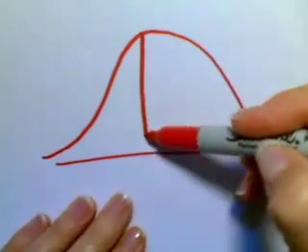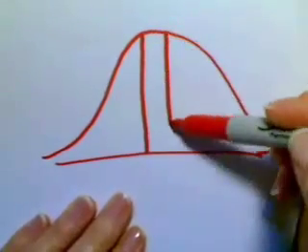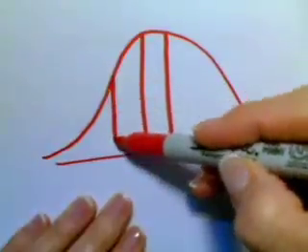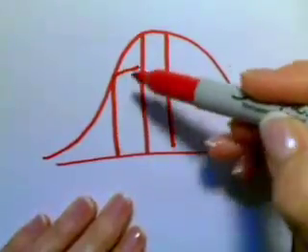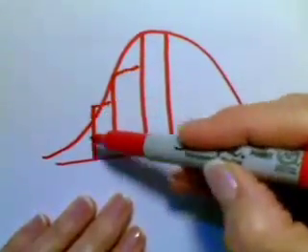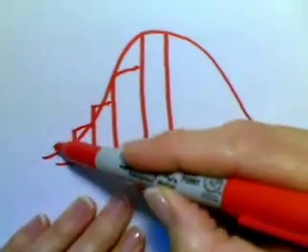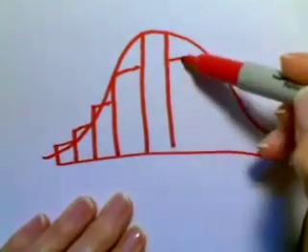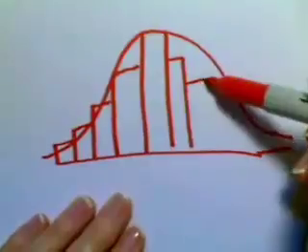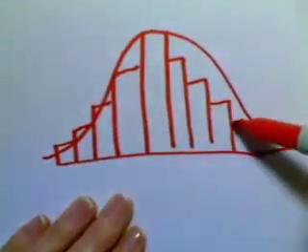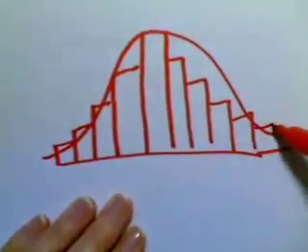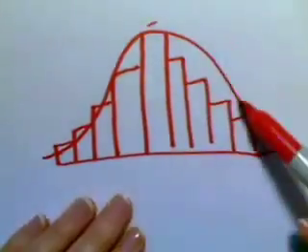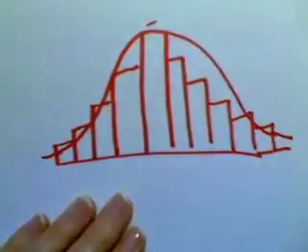If you make a bar graph, and the bars look like this, actually a histogram, sorry, you have an indication that you have a normal curve.